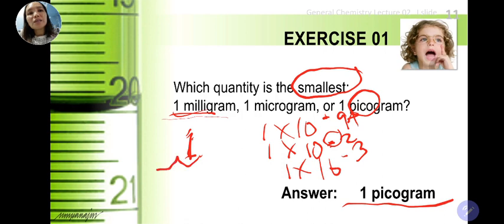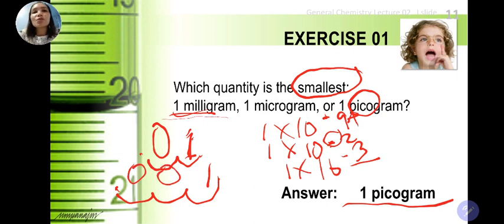So, 1, 2, 3. So, yung mga space na to, lalagyan mo ng 0. So, ang value niya is 0.001.